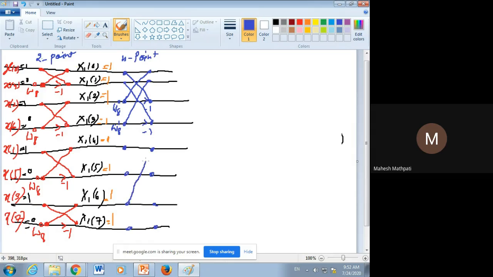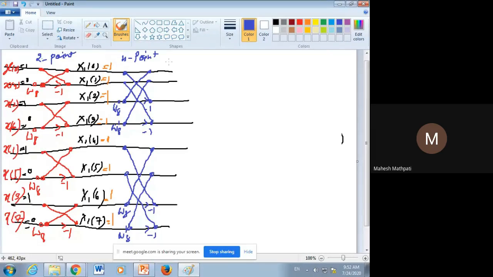So this way again. So here is -1 and it is -1 multiplied with W8 0 and W8 1.